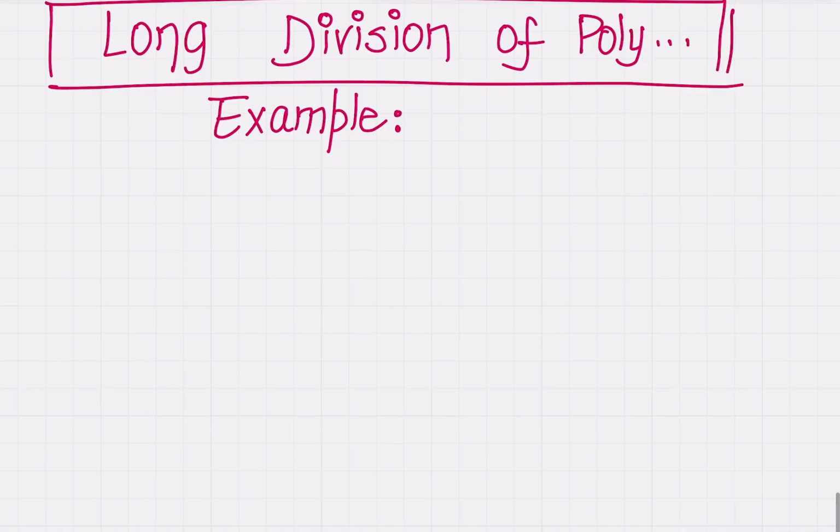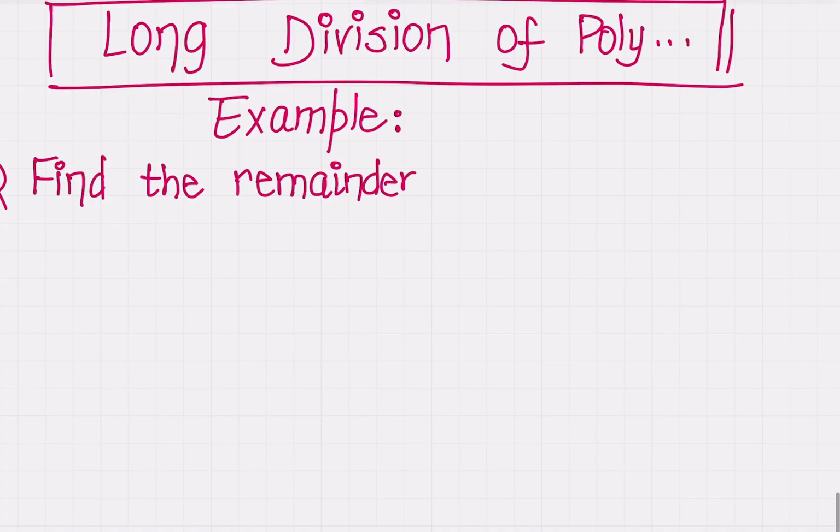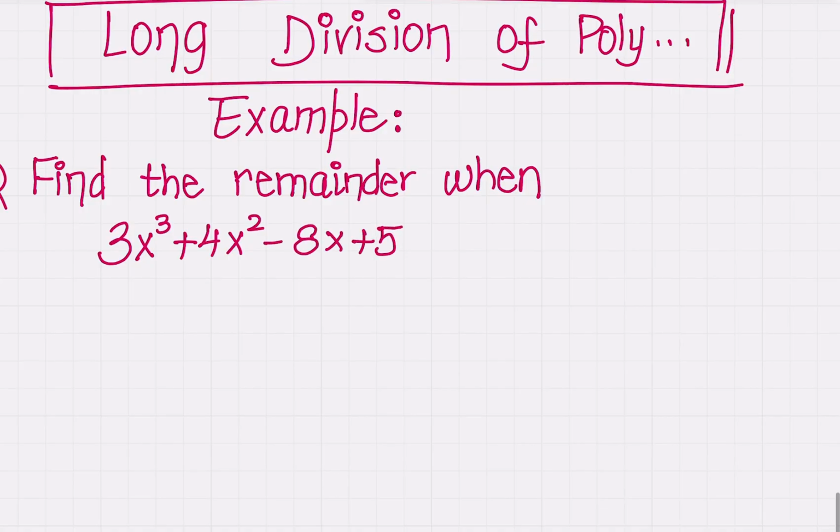So let us do a question where it says: find the remainder when the polynomial 3x cubed plus 4x squared minus 8x plus 5 is divided by x minus 2.